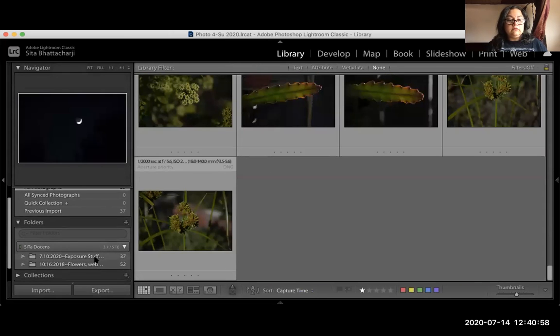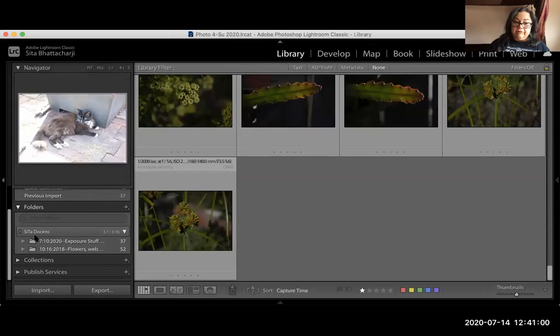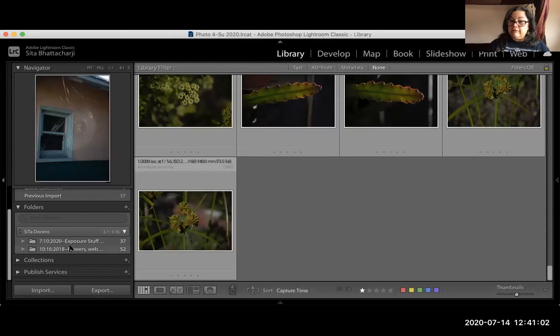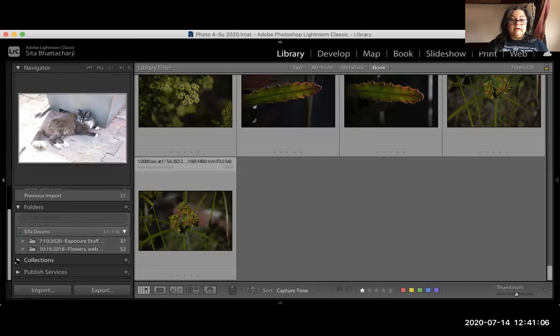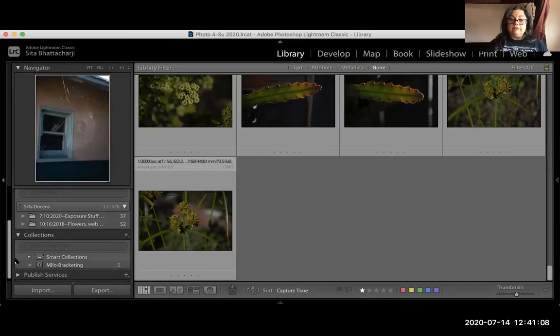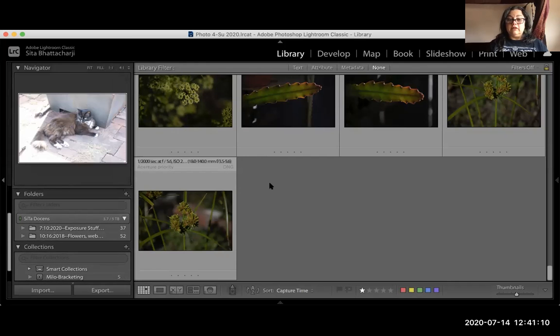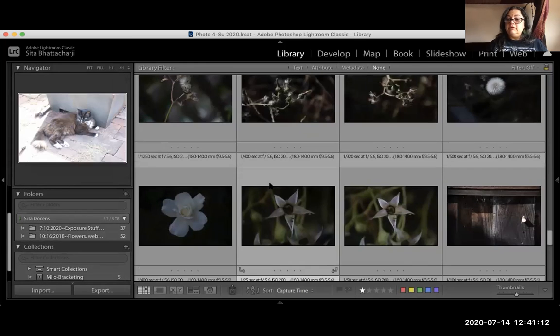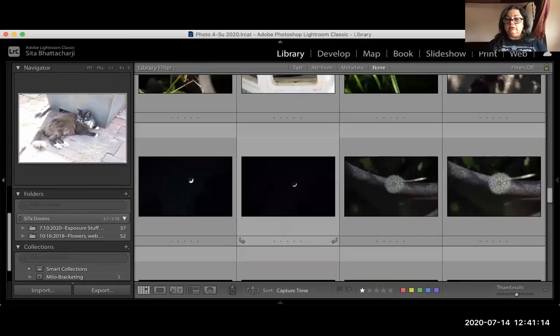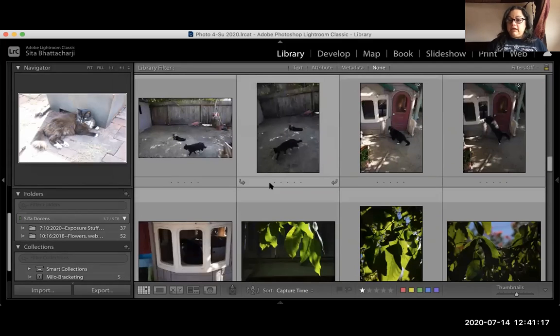Or there are folders. These are the folders that I've imported into Lightroom. And I can then make collections if I want to from any of those images. All I have to do is select them and pull them into another folder, which I will name.